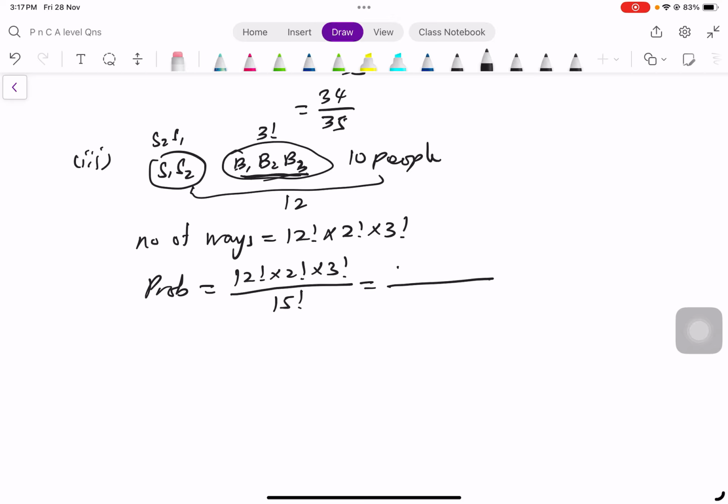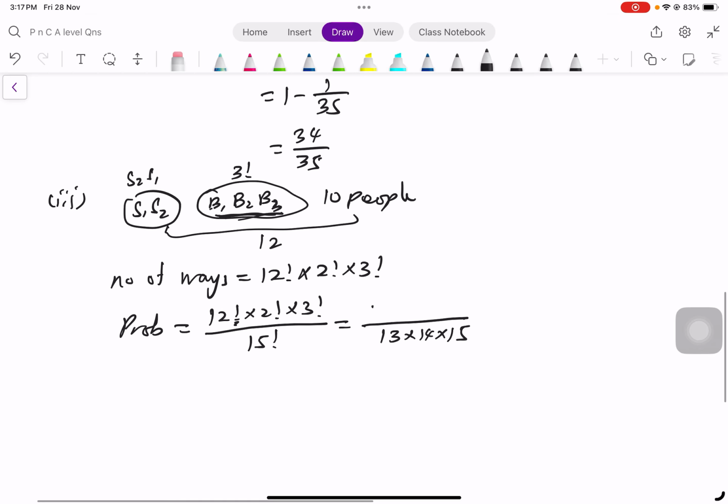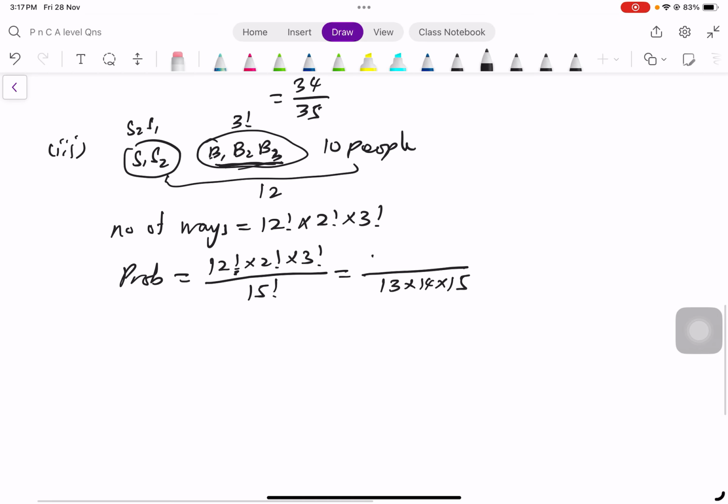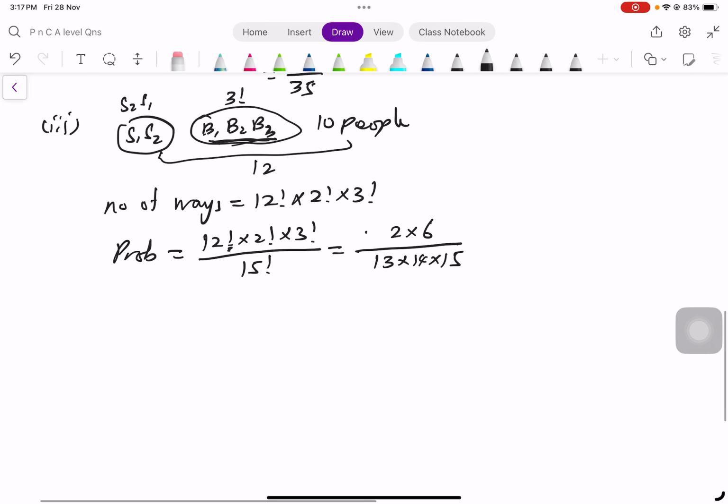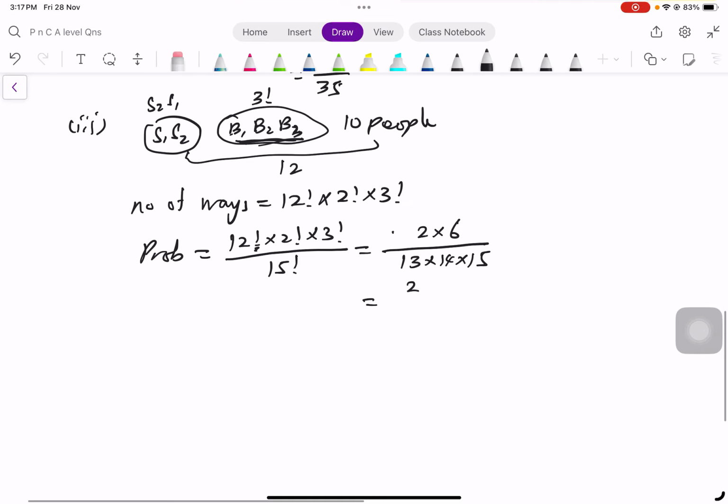The denominator will give you 13, 14, and 15, because 12 factorial and 15 factorial, you can do some cancellation. Then 2 factorial is 2, and 3 factorial is 6. When you simplify, you get 2 over 455.